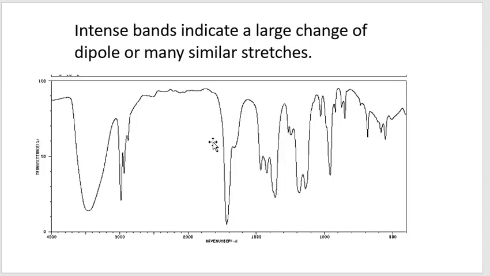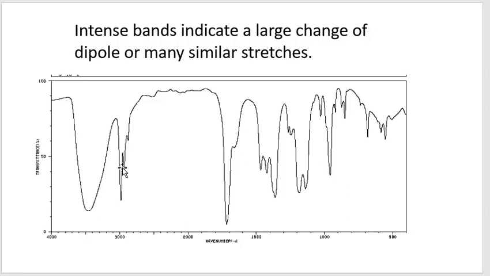Another thing to note is that there's a variety of intensities of bands. In other words, their transmittances. On the left-hand side, we have this very intense OH. There's probably only one OH group in this molecule, and this carbonyl is also very intense. That's because when you have stretches, there's a big change of dipole, and that really grabs on to that IR light. And so you end up seeing a low transmittance, a high absorbance.